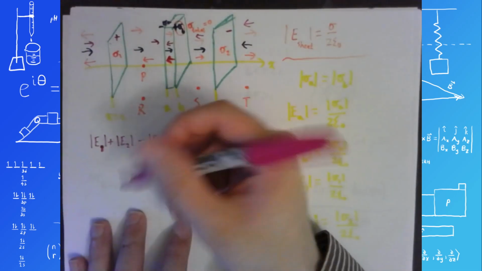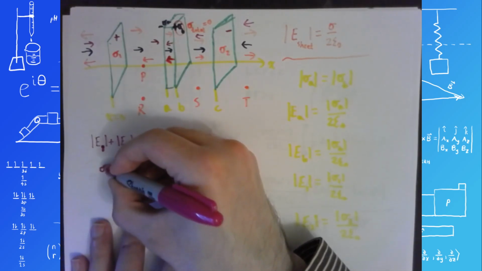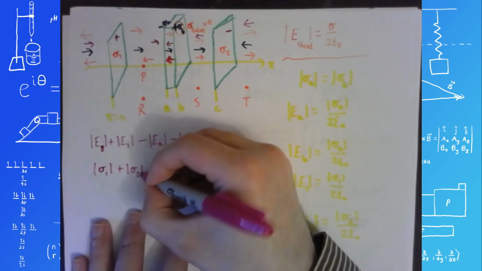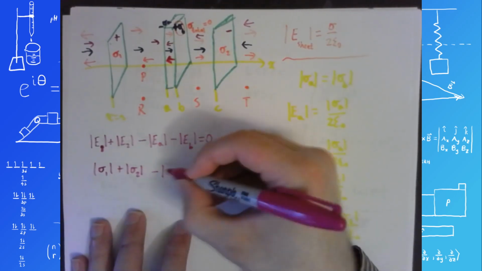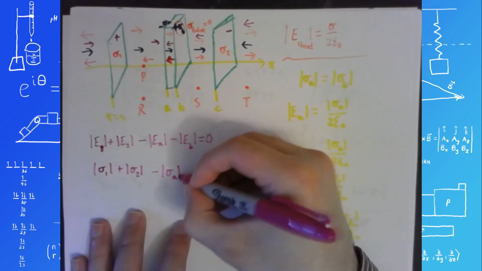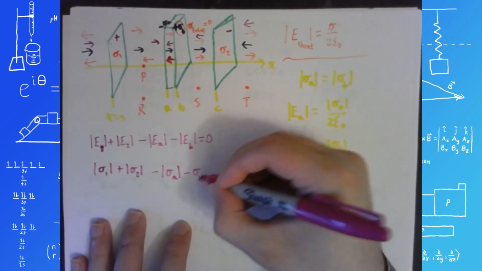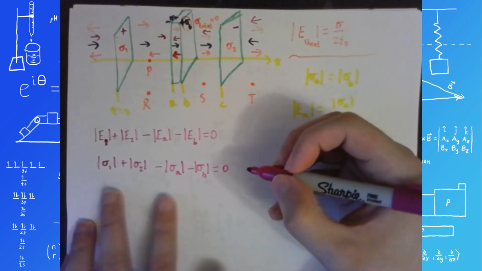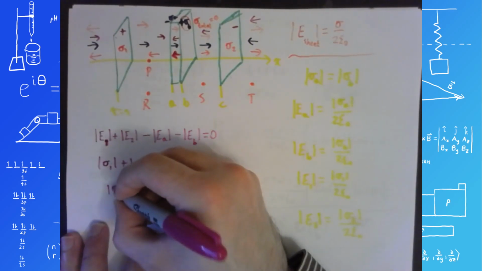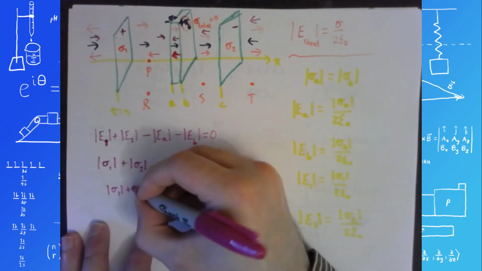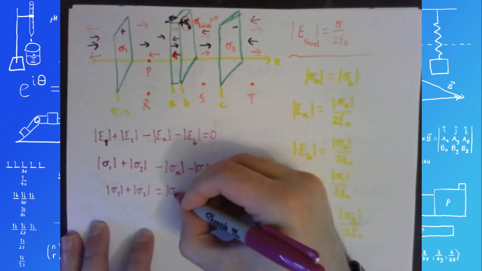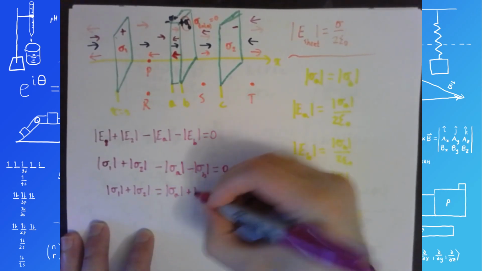In other words, sigma 1 plus sigma 2 minus sigma A minus sigma B, or the magnitudes of, is equal to 0. So I can also say that the magnitudes of sigma 1 and sigma 2 have a sum equal to the magnitudes of sigma A and sigma B.